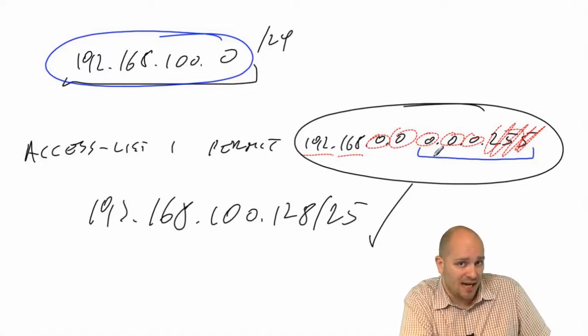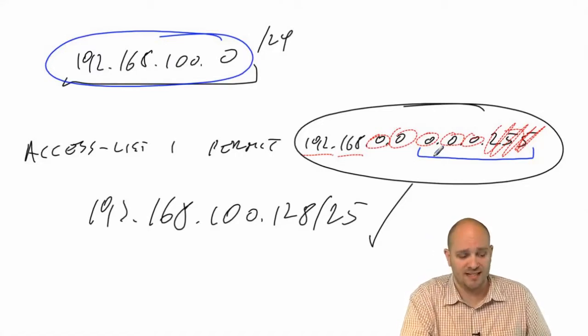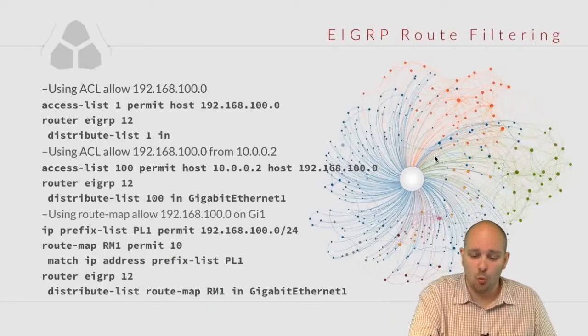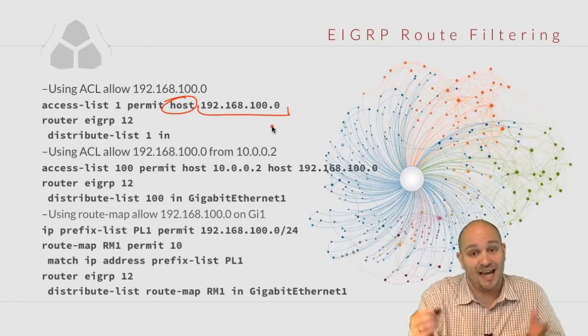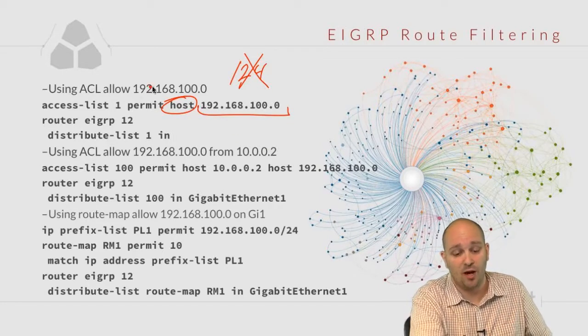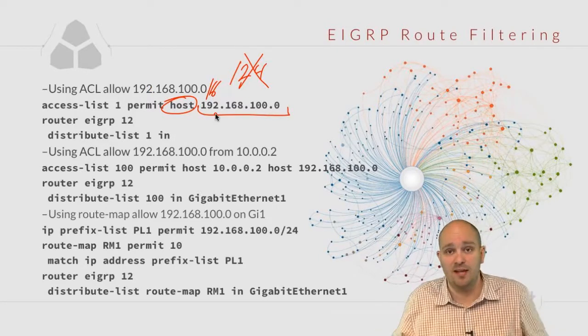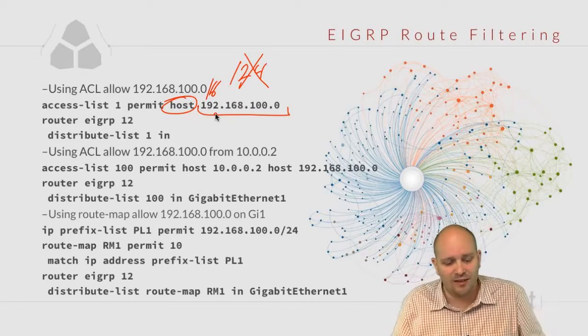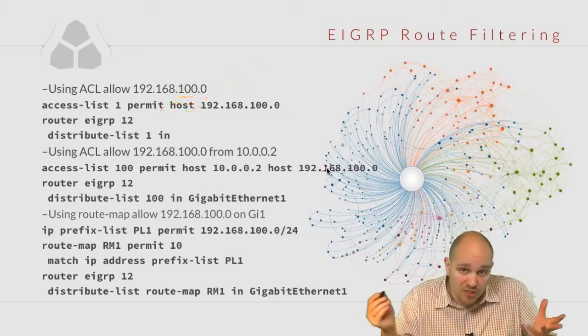So when you're using access lists as route filters, be on the lookout for this. What you want to do is you want to use this host keyword to match the routes exactly. Unfortunately, with access lists, you cannot match /24. So this could come as /16, it could come at /23, /22, /20, whatever it comes in as, there is nothing you can do about that using access lists.